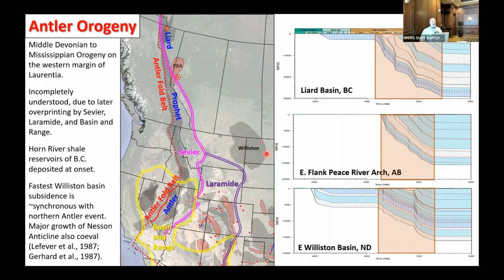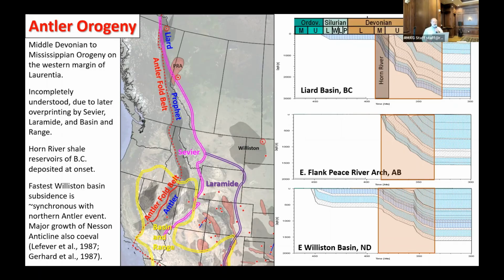And I think interestingly, if you look at the Williston Basin, the largest subsidence event there is coeval. So another of these classic sag basins. And moreover, at least by the publications, the major movement on the only real structure in the basin, the Nesson Anticline, is coeval with this. So we're even seeing some intrabasinal deformation reported in this Middle Devonian, Mississippian event.